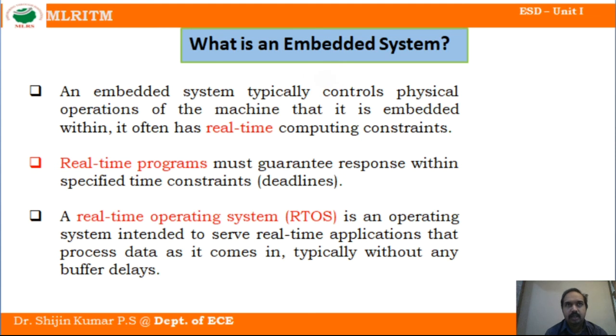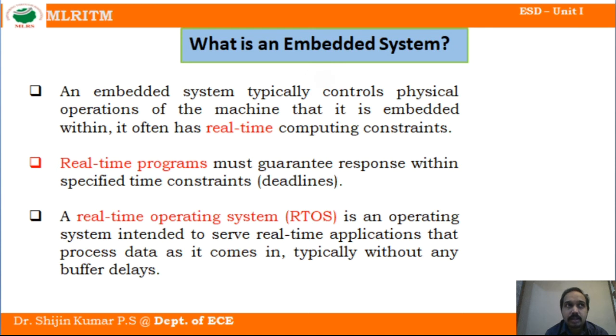So real-time embedded systems guarantee the response within a specific time constraint. Suppose the oxygen is reduced at 12:30 p.m. and the oxygen supply is not given. There is a risk of life. This type of system is called a real-time system.